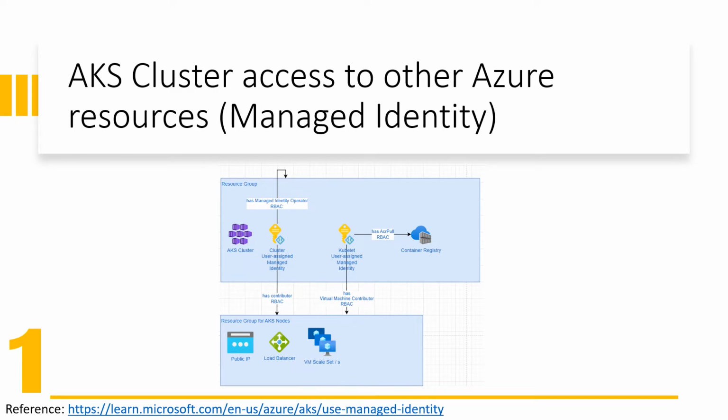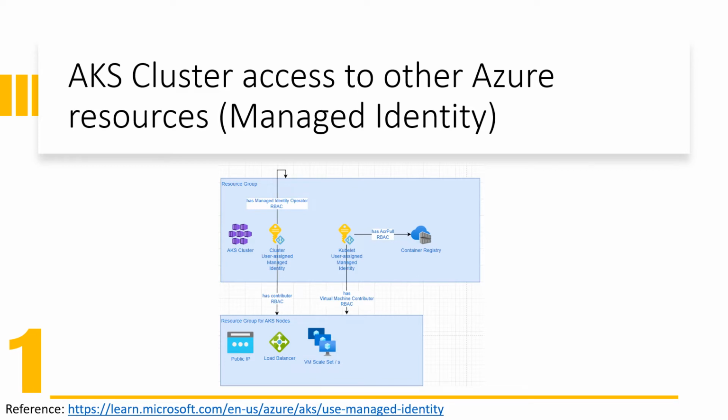To provide you more clarity, when you use command line, PowerShell, Terraform, or any other tools to provision or create a cluster, you can provide a resource group name. This resource group name is the resource group where the cluster is provisioned.